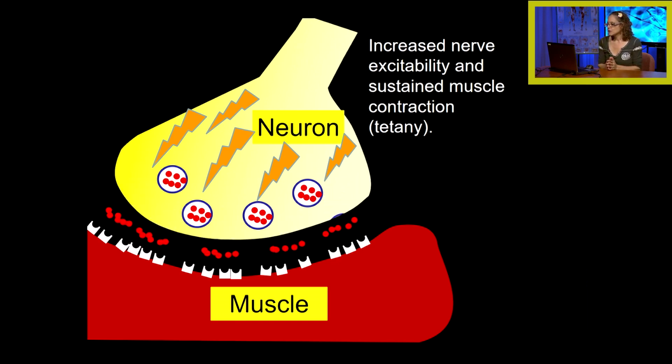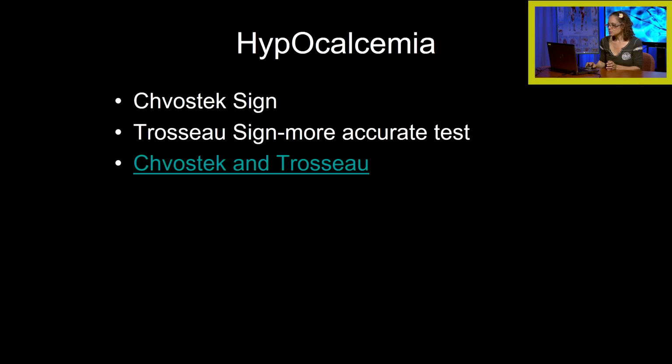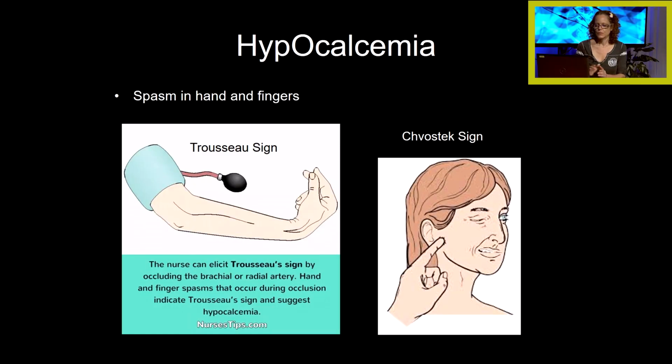And there are some ways that we can monitor our patients for tetany. This is hypocalcemia, okay? There are two signs, Chvostek sign and Trousseau sign. One is a more accurate test than the other.